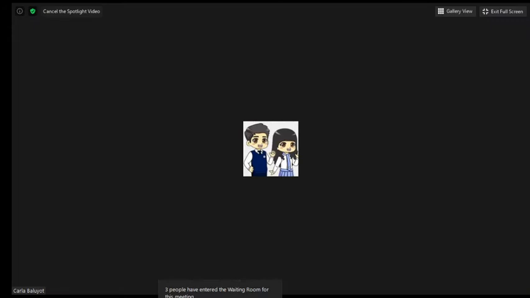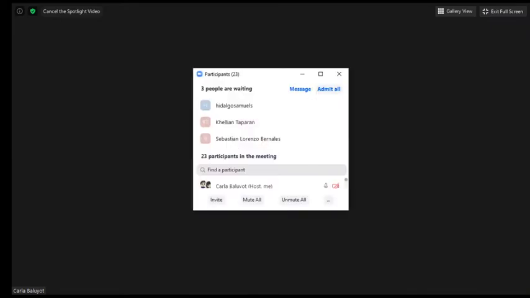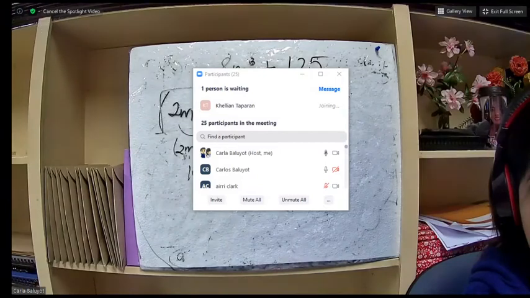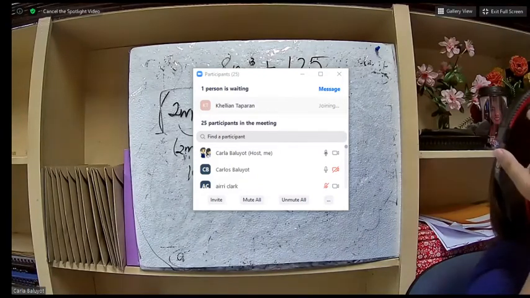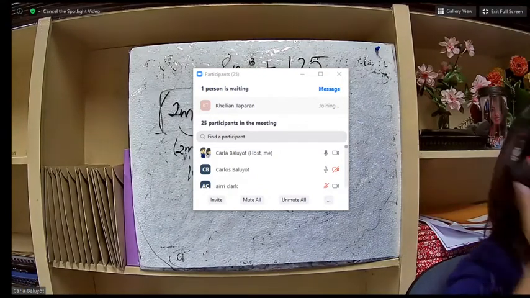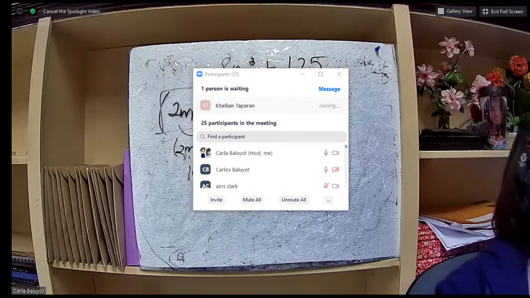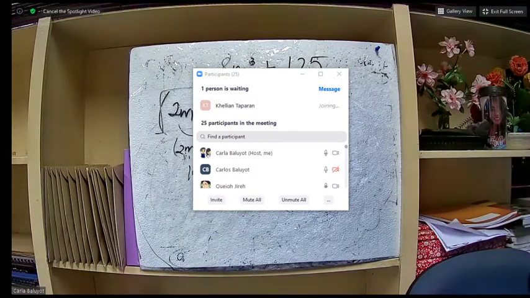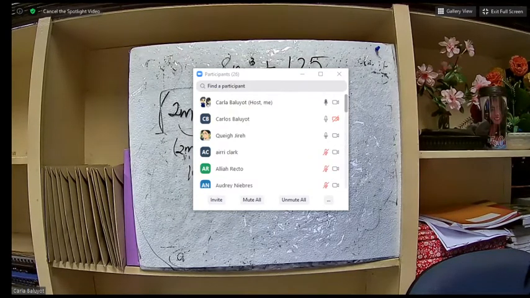Magbibigay ulit ako ng isang example for the sake of yung mga late, pero yung mga nakagets na, okay na kahit hindi na kayo makinig at mag-answer na kayo. Page 15, hanggang 17 po. Pati po B.